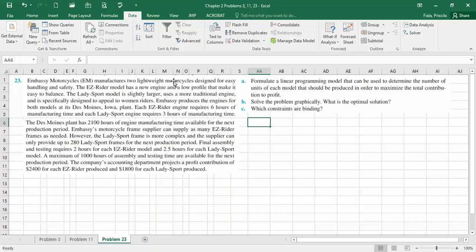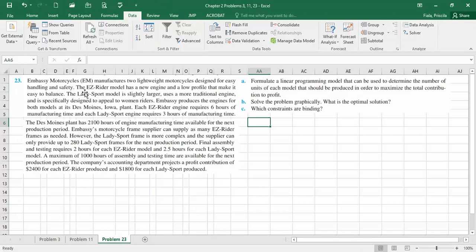So we know they're talking about two different motorcycles. Please remember that we always work with X and Y, A and B, X1, X2, or even more variables. Right here, we are presented with the Easy Rider model and the Lady Sport model. So we could actually use these letters as our variables.